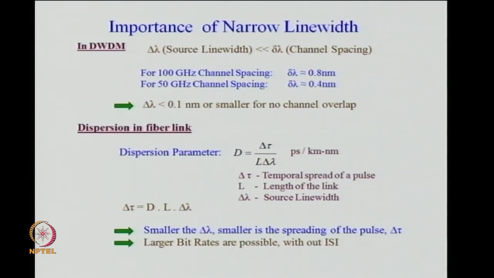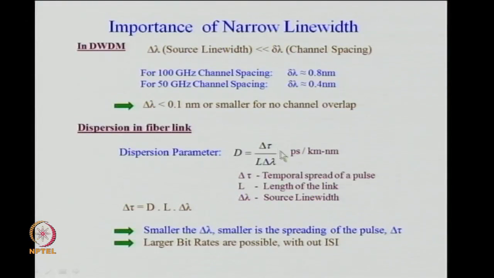So, there is a slide, particularly this is importance of narrow line width in optical communication. There is importance of narrow line width in various applications. A narrow line width gives you a higher coherence, and highly coherent sources are required for various applications, but the importance which is discussed here is with respect to optical communication.